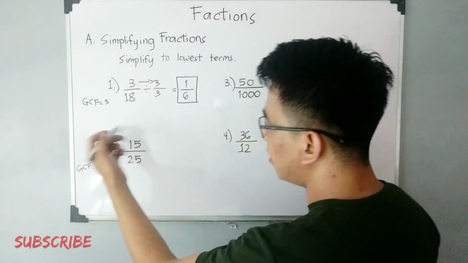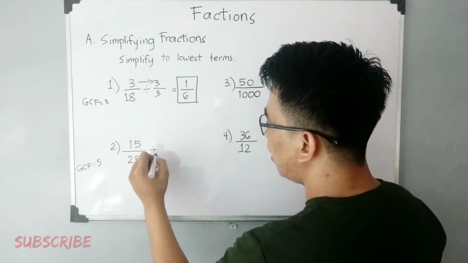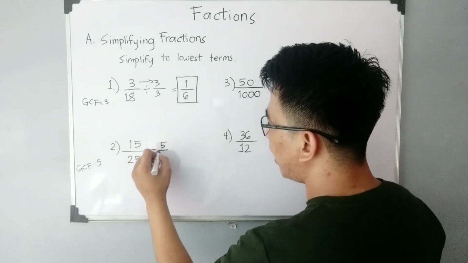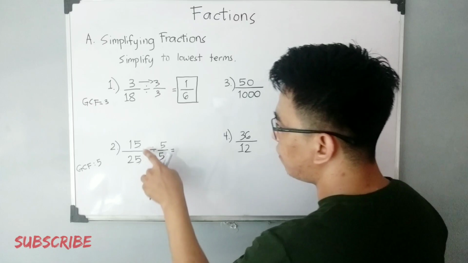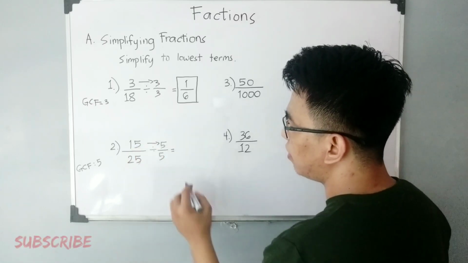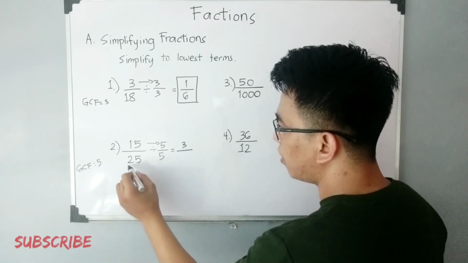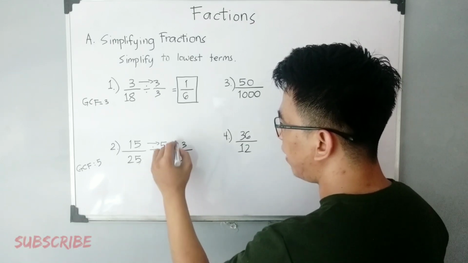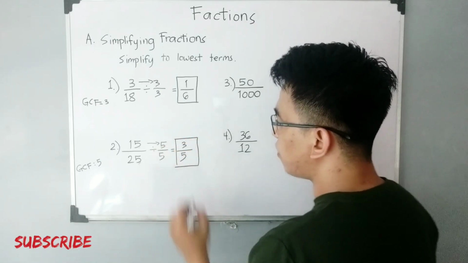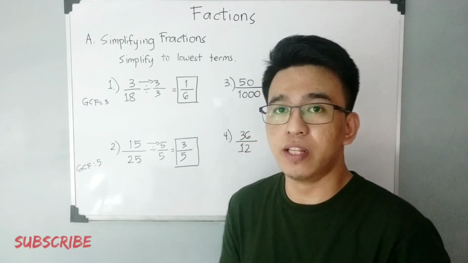So we can divide the numerator and denominator by 5 and 5. And 15 divided by 5, this will give you 3 over, this one is equivalent to 5. So the answer for item number 2 is equal to 3 over 5.